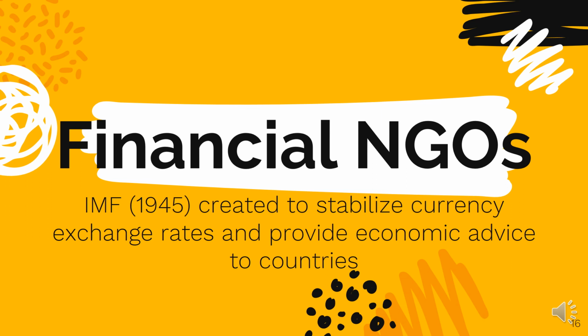Like before the euro, think about the currency in a country like Greece versus the currency in a country like Great Britain. The currency in Great Britain is going to be a whole lot more stable and worth a whole lot more than the currency in Greece. And so the International Monetary Fund will step in to try to stabilize currency exchange rates so that countries like Greece can do business with countries like Great Britain.